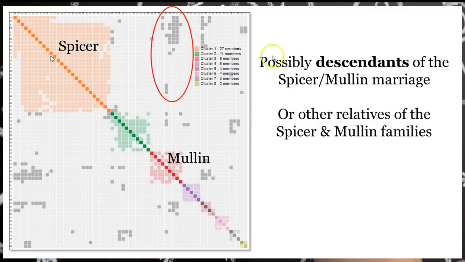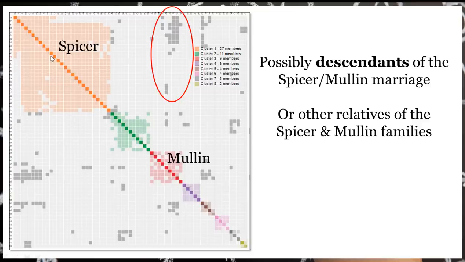In fact, these are potentially descendants of that Spicer-Mullen marriage, which was far enough back in time that that's certainly possible. There are many, many descendants of that marriage. These might just be other relatives of the Spicer and Mullen families, particularly if they were married from the same place, maybe they had other relationships, and so on.